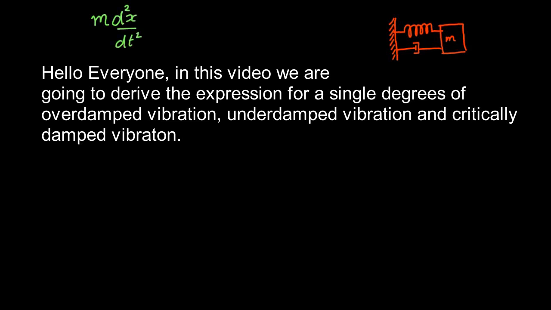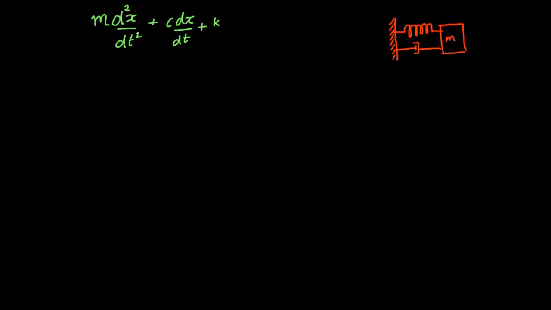And we have the damping force, which is given by the expression c into dx over dt. And we have the spring force, which is k spring constant into displacement. And the sum of all the forces should be equal to 0. You can easily get this expression by using Newton's third law, that is, the action force should be equal to the reaction force.